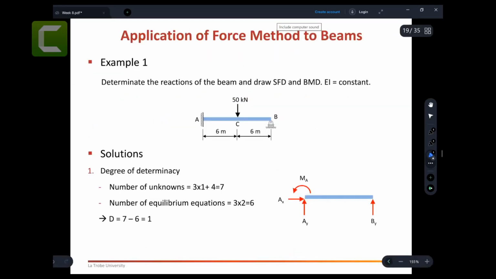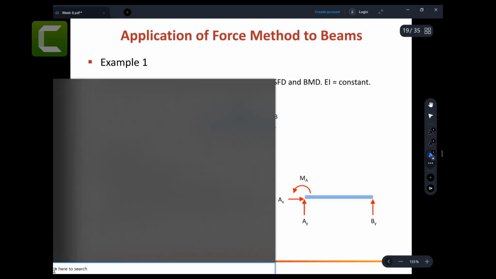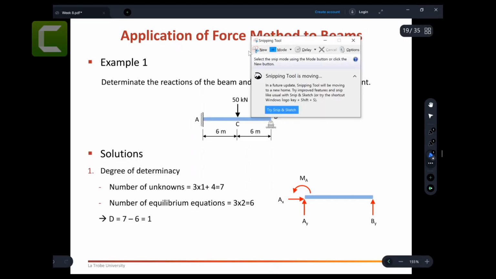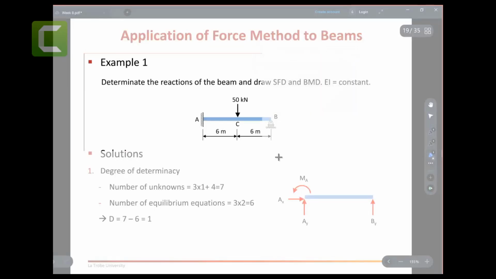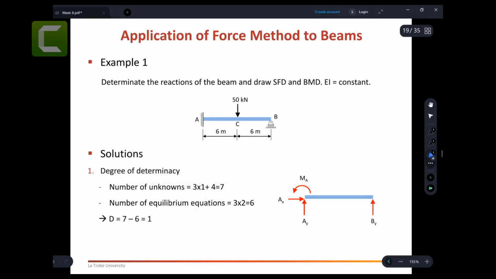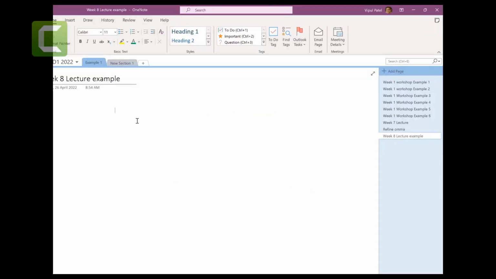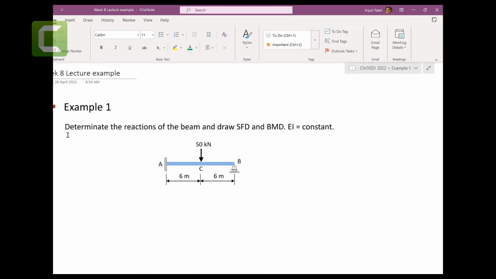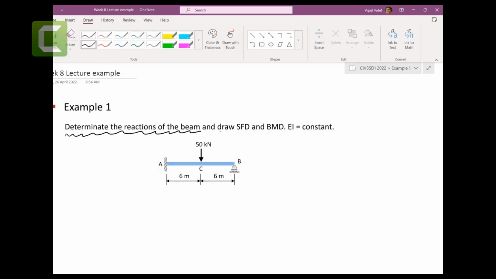Now let's take an example. Let me solve this example for you. Determine the reactions of the beam and draw the shear force and bending moment diagram.